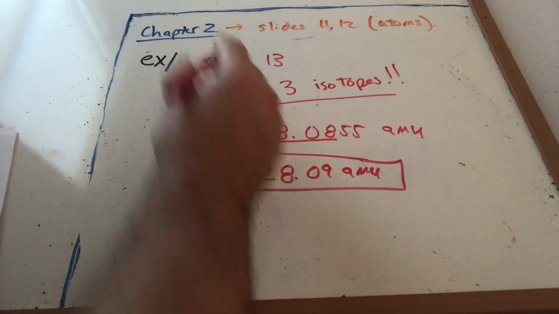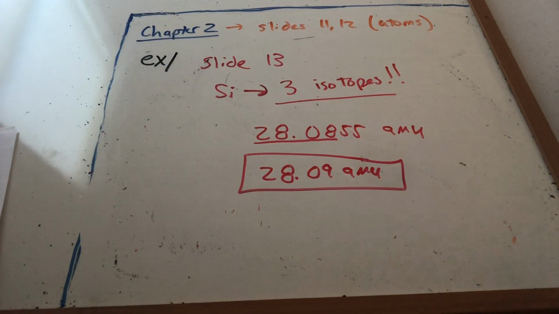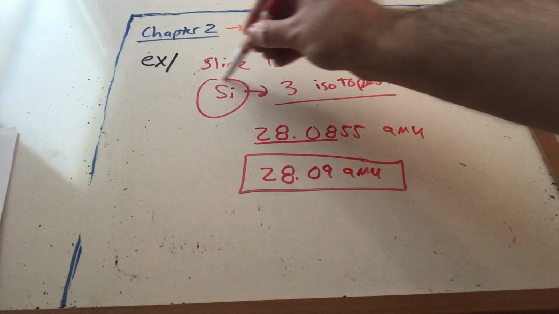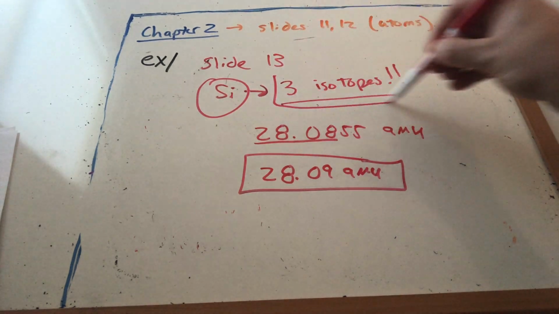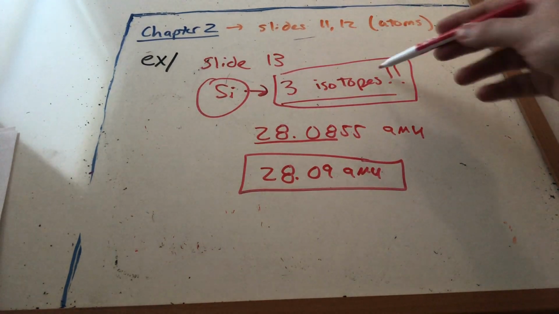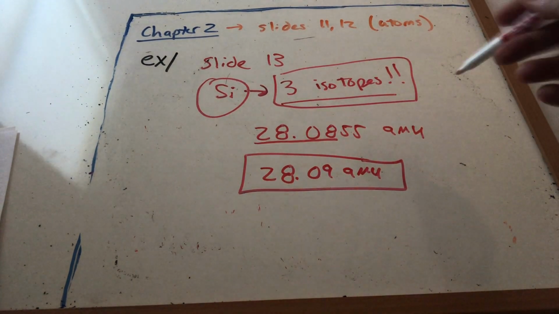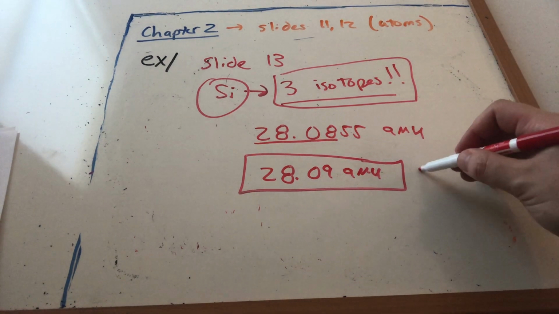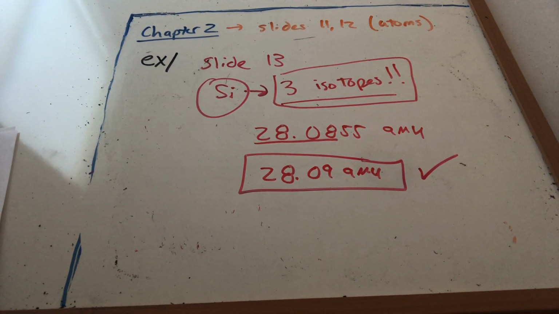So the reason I bring this up is because it's good extra practice. You can calculate the atomic mass of silicon given information about its 3 isotopes. You're given the masses and the percent abundances. You put them into that formula and you should get out, if you do the math correctly, 28.09 AMU, right?